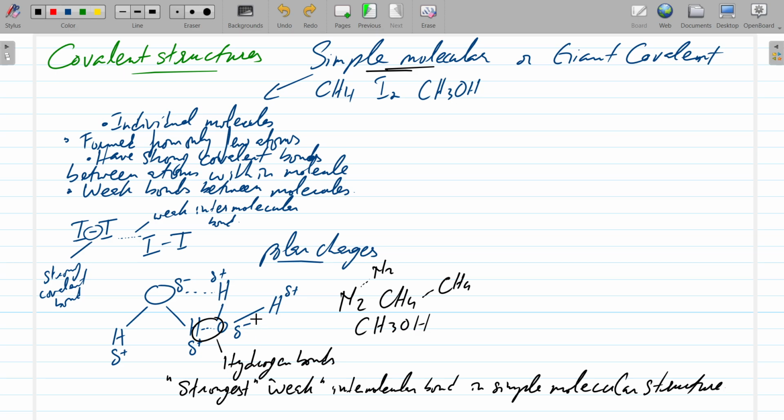So among the different types of interactions or bonds between the molecules of simple molecular covalent compounds, water has the strongest or one of the strongest interactions. Does that make sense?